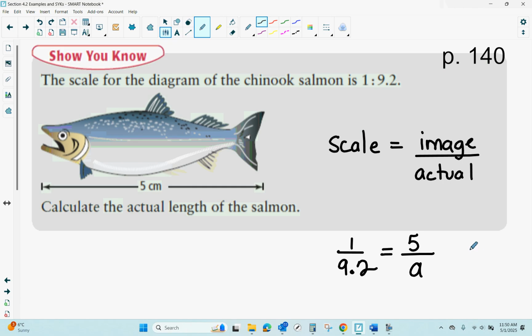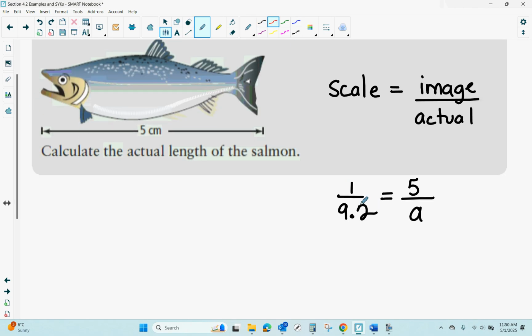That is the setup. Then we need to solve for A, and we said this is a proportion. A fraction equal a little fraction. There's no plus or minus parts anywhere. So you can solve this easily with cross multiplying. So 1 times A is 1A. 5 times 9 is 45. 5 times 0.2 is 1.